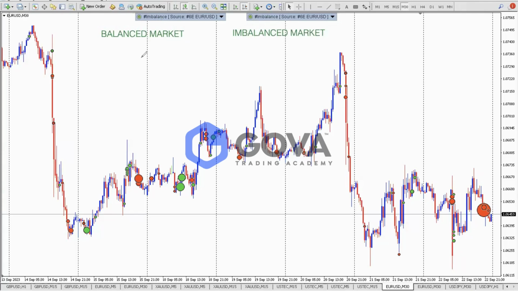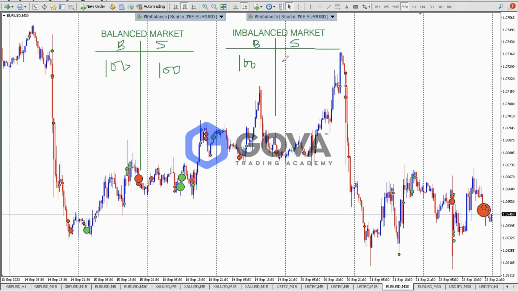Now, this is the scenario. Let's say this is a buyer and this is a seller. Let's say we have 100 buyers here and we have 100 sellers. In this type of balanced market, there is no trading opportunity. But in a market where the market is imbalanced, let's say for example we have 100 buyers and then we have 20 sellers in this market.